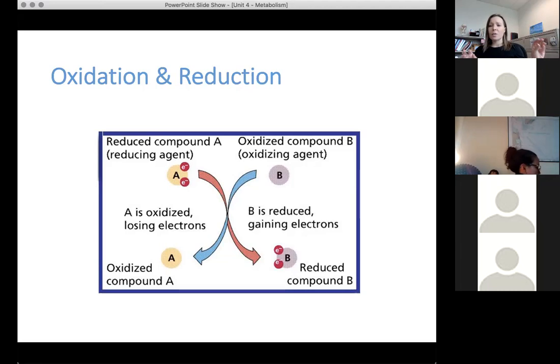When you're oxidizing one molecule, you're reducing the other one. Almost always you're going to see those two reactions happening at the same time to two different molecules. One is losing electrons and hydrogen ions, and the other one's gaining them.